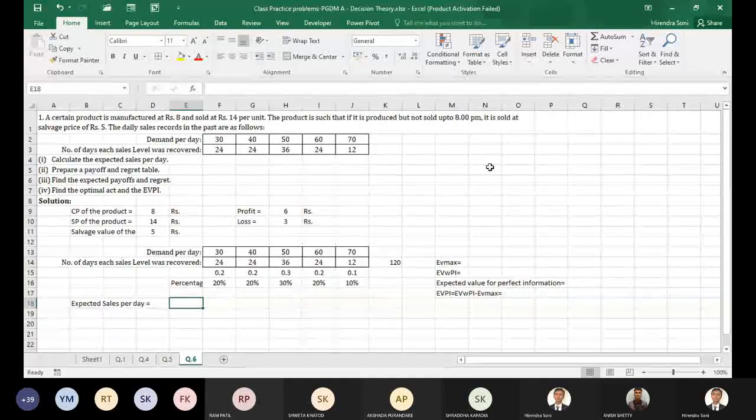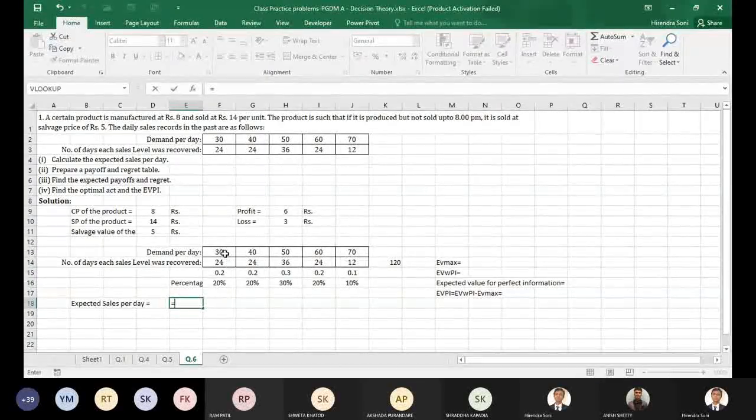Probability of 30 units per day is 20%. So 30 into 20% या into 0.2 ले लीजिए.